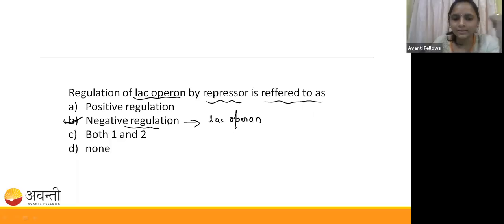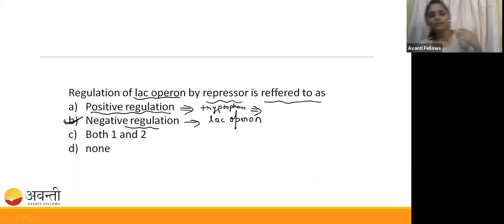Okay. So then what is positive regulation, guys? The positive regulation example is the tryptophan operon. Whenever we require the tryptophan amino acid, it is required for daily processes, so tryptophan is synthesized daily.